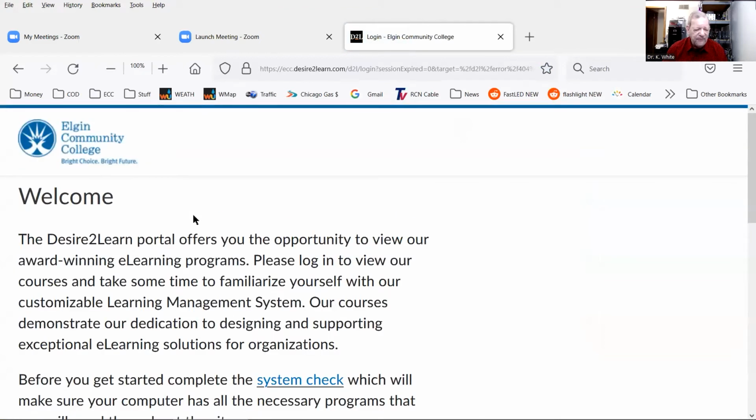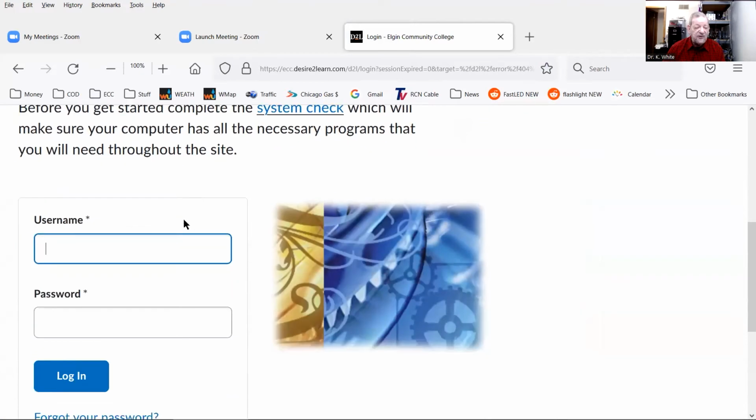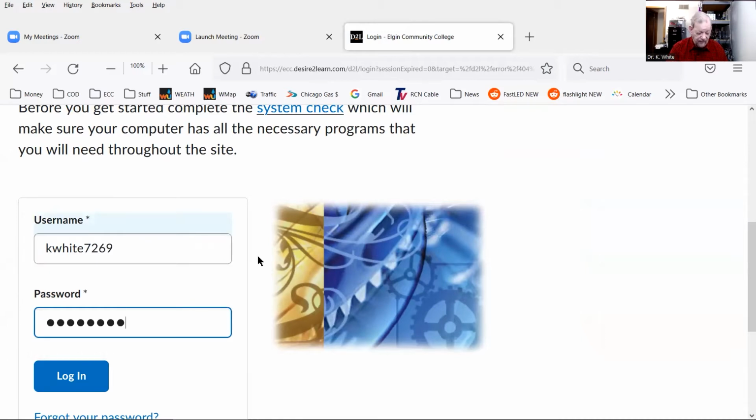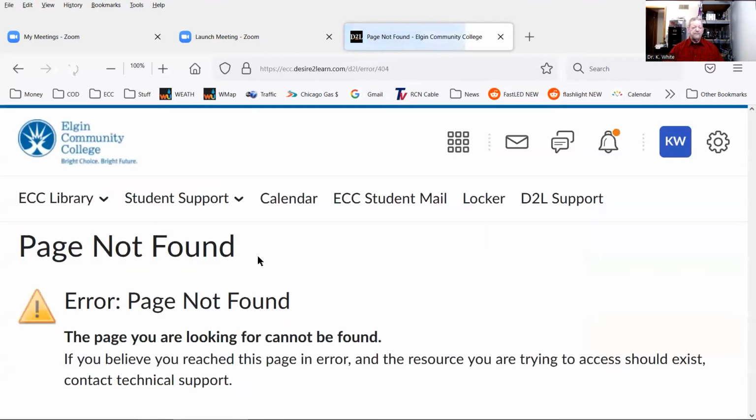Now, D2L has a new welcome screen and your login is all the way at the bottom, which is stupid. After I logged in, I got an error page.